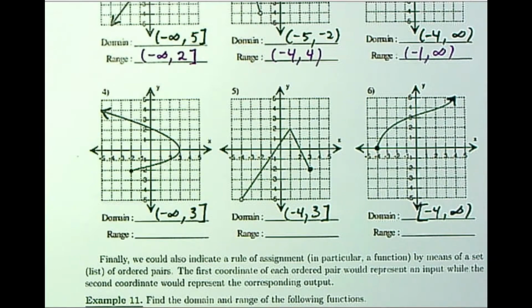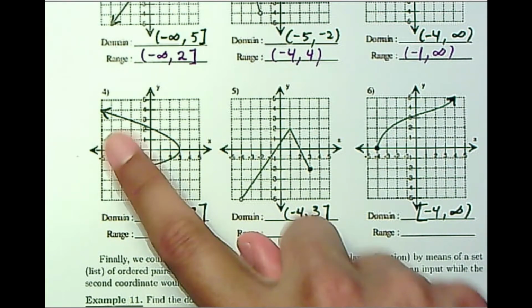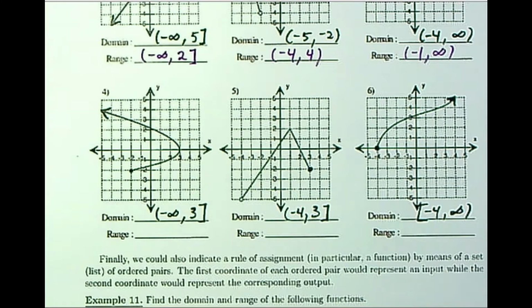Okay, the range for this one, you see how that arrow is going left and up, so it keeps going up forever. I mean also to the left, but up forever. So from above there's no ceiling, it keeps going up. So it goes all the way to infinity.